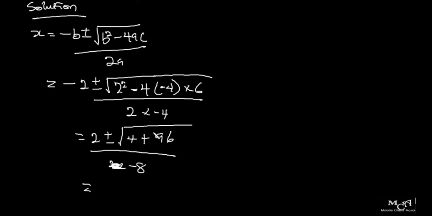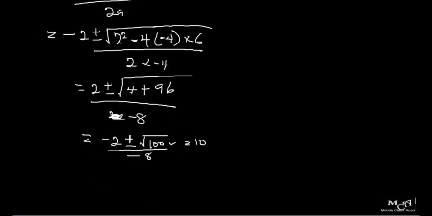So from here, what do we have? 4 plus 96, that's 100. We have minus 2 plus or minus square root of 100 over minus 8. Remember, 100 is a perfect square, so it's going to give us 10. The square root of 100 is 10. So from this expression, we are going to have minus 2 plus or minus 10 over minus 8.